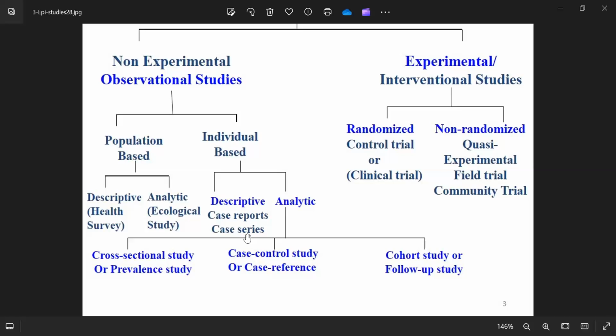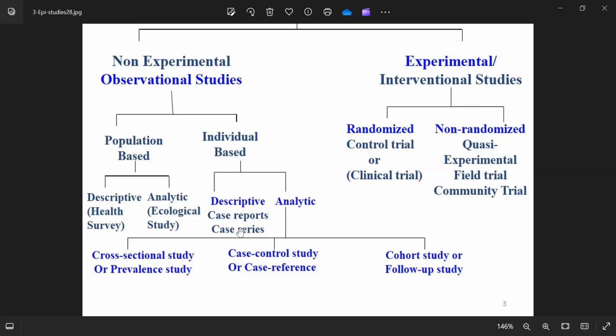Another one is case report, but not here. We omitted it, sorry. A case study is an in-depth analysis of a single individual, group, or event or phenomenon. It involves detailed explanation and interpretation of data to understand complex issues or behavior. So in case study, we are going deep to investigate that case, okay? It might be multidisciplinary, a lot of healthcare workers, a lot of specialties will be involved.